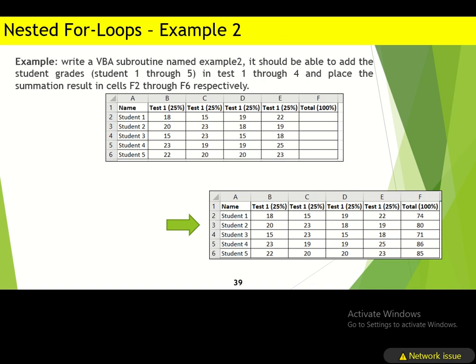Okay, outer loop for i equals how much? 1 to 5, or you can do 2 to 6. Why? The row number. It will help you with the row number.